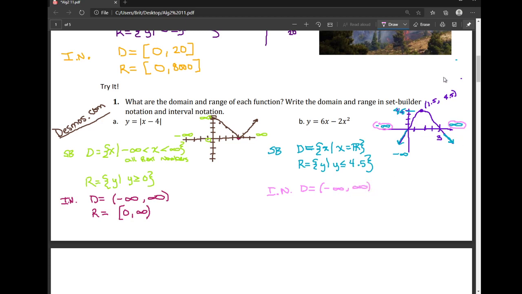And then for our range, remember, you have to go from the bottom to the top. So the bottom value here is negative infinity, and the top value here is 4.5. You can't ever equal negative infinity, but you sure can fit that 4.5 in there. So make sure to use the square bracket on that 4.5.